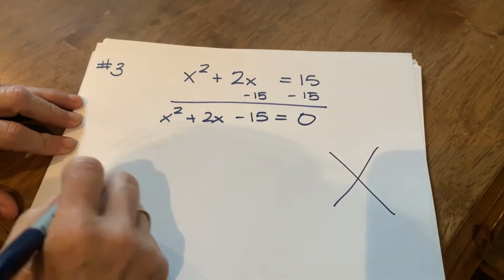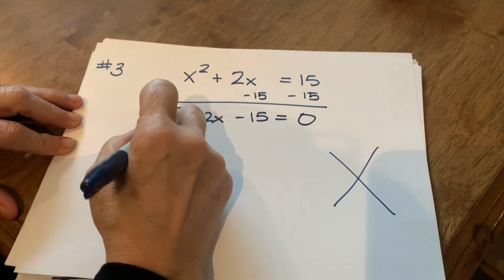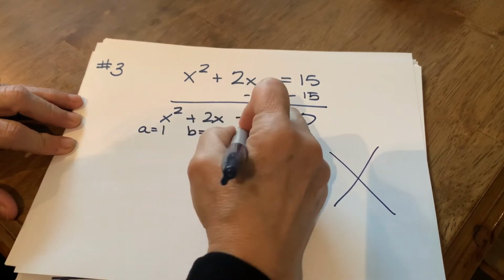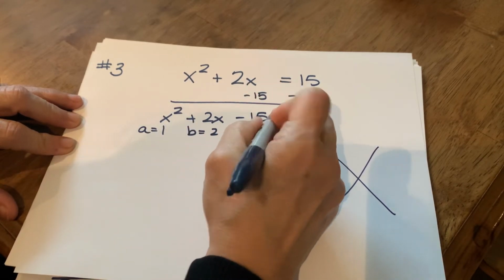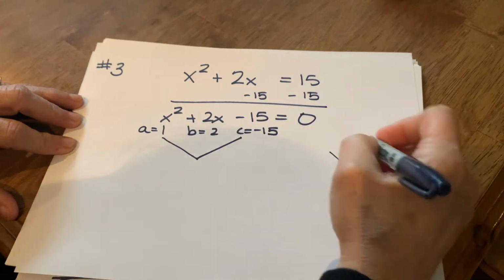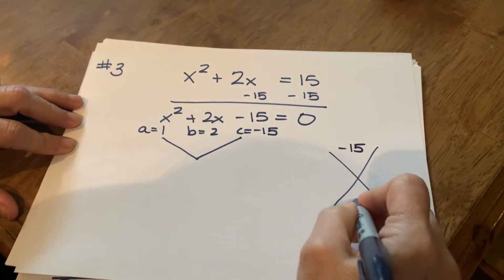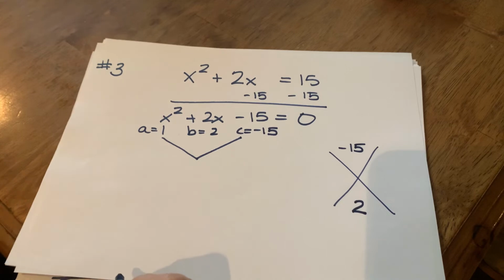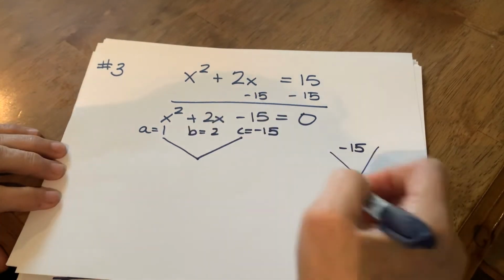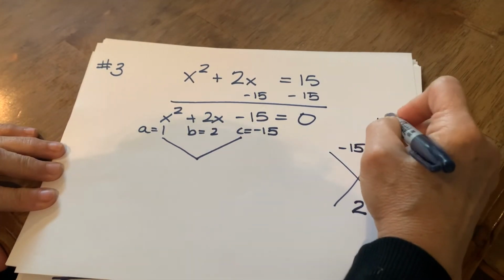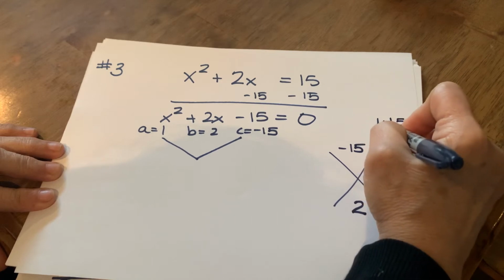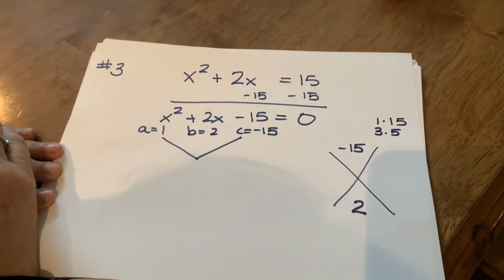So we make our giant X, and again, you can identify your values, taking your A and your C, and you multiply them together. And then you take your B value and put it on the bottom. So we have 1 and 15, and 3 and 5 are the factors of 15.